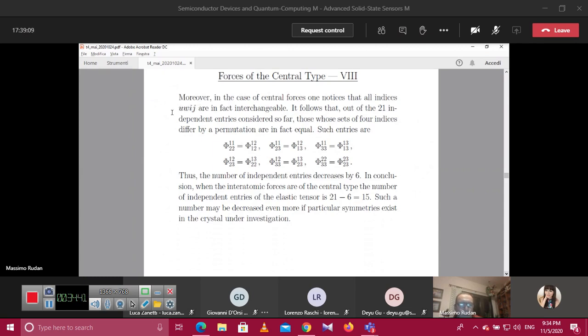So any permutation of the 4 indices will leave the element of the tensor unchanged.